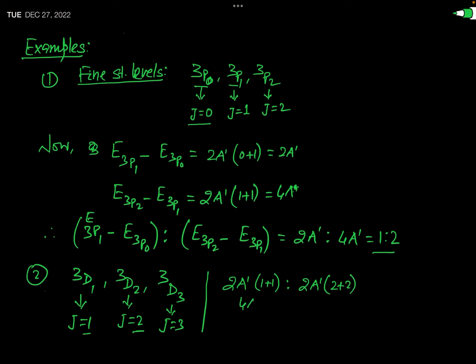So this will be 4a prime and this is 8a prime, and therefore this is in the ratio 1 is to 2. Sorry, this is actually wrong.